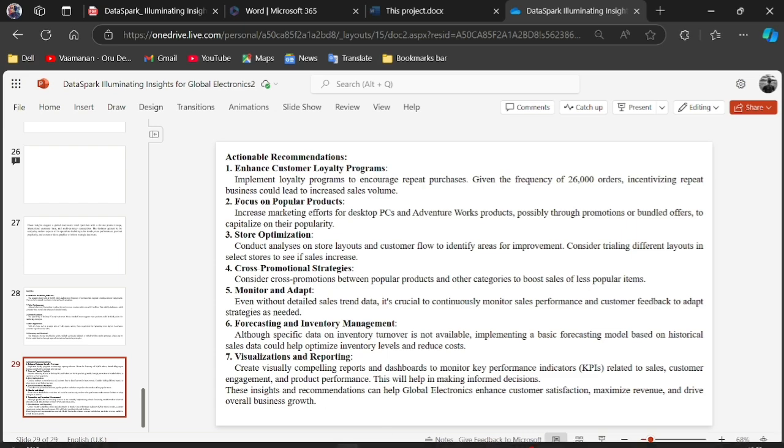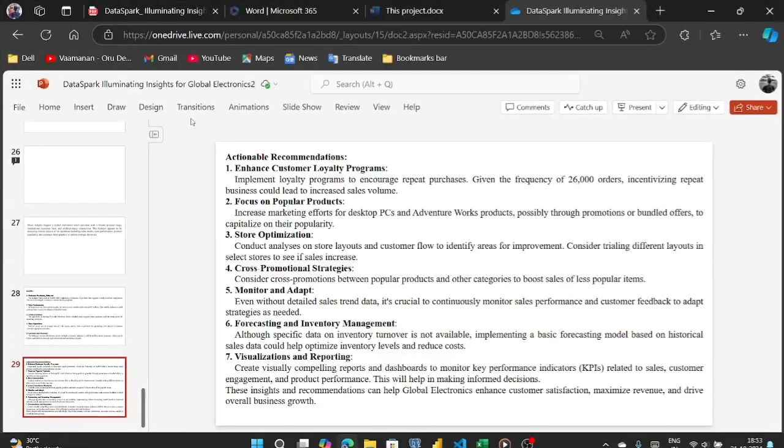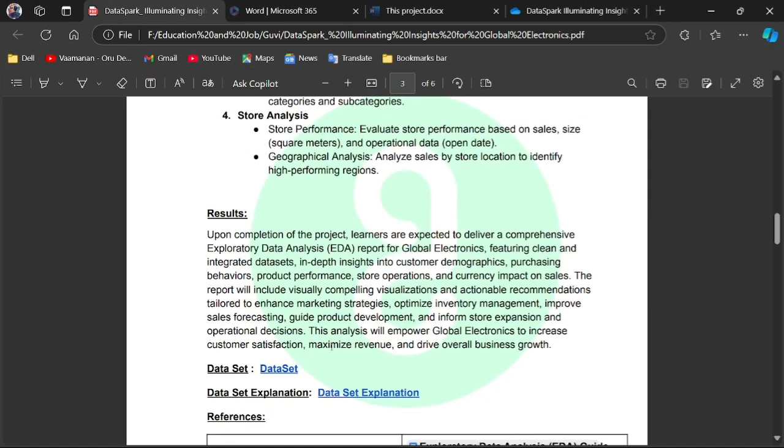I think that's the result they want. On completion of the project, learners are expected to deliver a comprehensive exploratory data analysis.